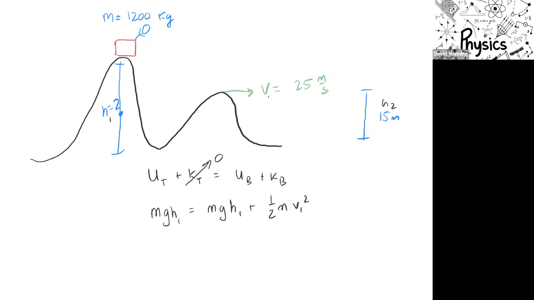M's cancel. H1 equals H2 plus 1/2 v1 squared over g. G's cancel. H1 equals H2 plus v1 squared over 2g.